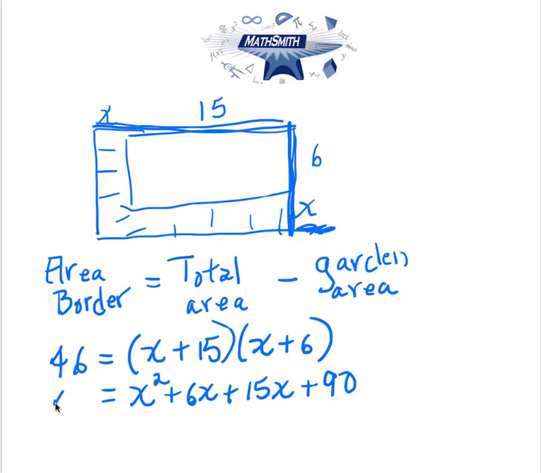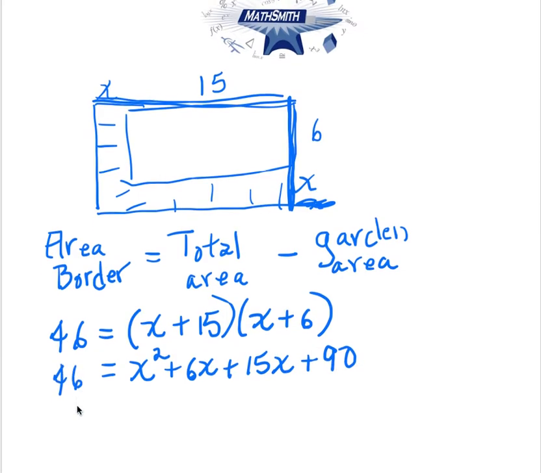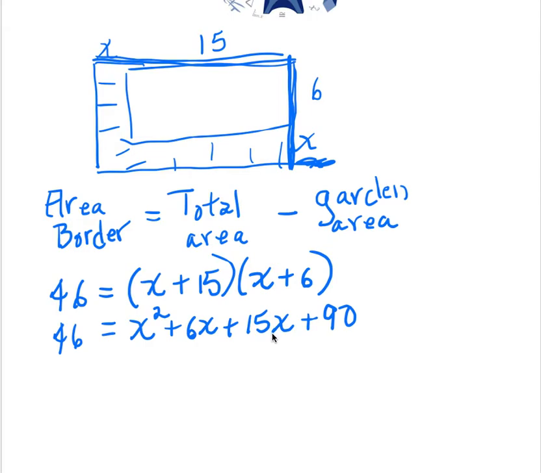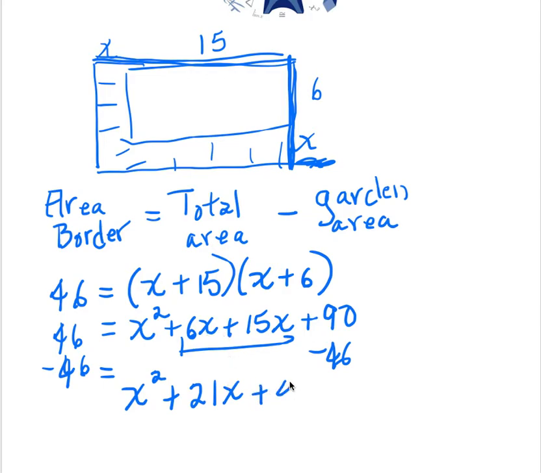And this is equal to 46. Since this is a quadratic, we're going to have everything on one side and simplify. So I'm going to subtract 46 from both sides, and also combine the middle terms. So I get x squared plus 21x, and then 90 minus 46 is 44. And now this is equal to 0.